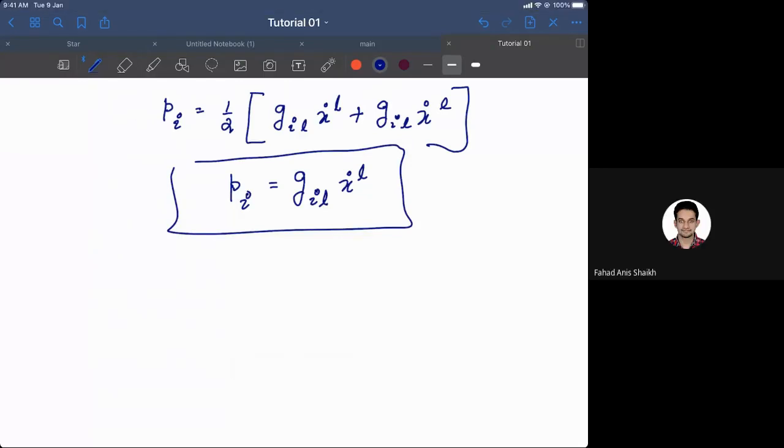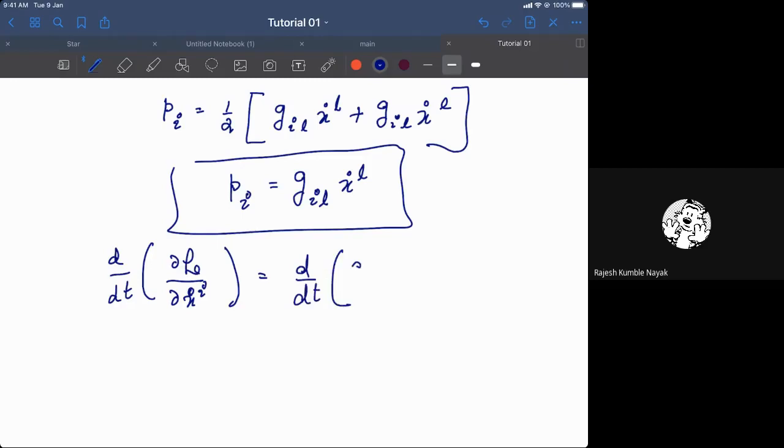Yes, sir. Okay, now let's go ahead. We need the Lagrange equation. We need to differentiate this. So d by dt of dL by dx dot i is equal to d by dt of g_il x dot l. Of course, you see that this is a complete derivative.